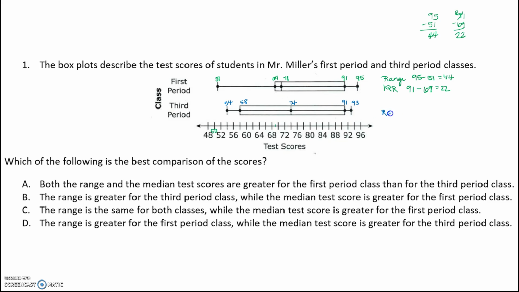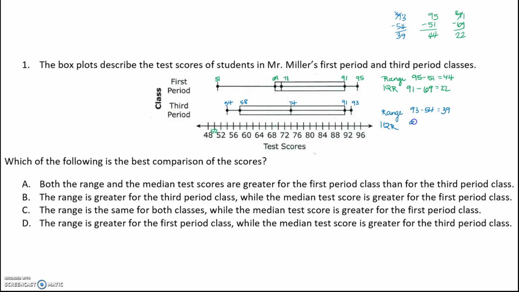So again, we're going to do range. So maximum, 93, minus minimum, 54. 8, 13, 9, 3. Okay, so 39. And then IQR, or my interquartile range.